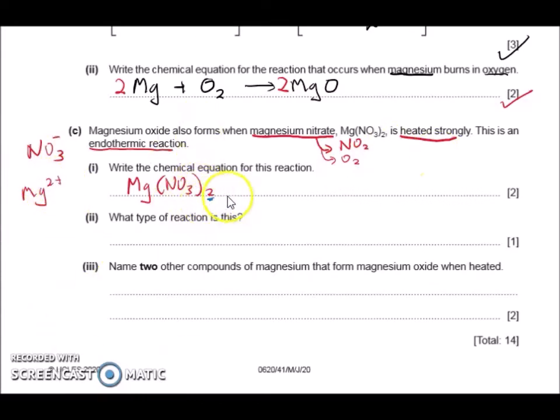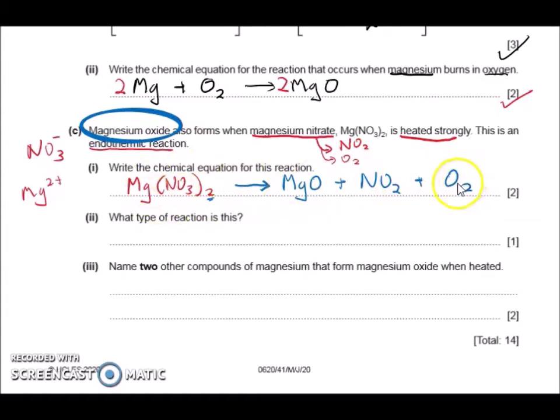Okay, so they will be heated strongly and they will form magnesium oxide, MgO, and not forgetting nitrogen dioxide plus with oxygen. So this is your full equation, and we have to balance this equation.